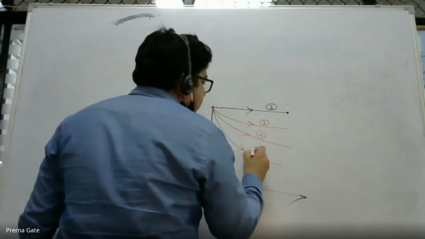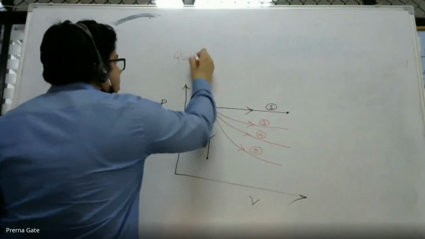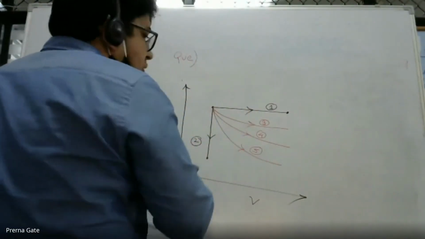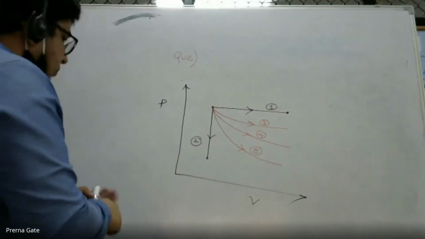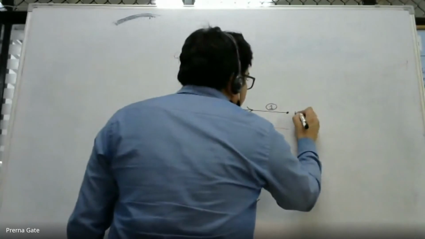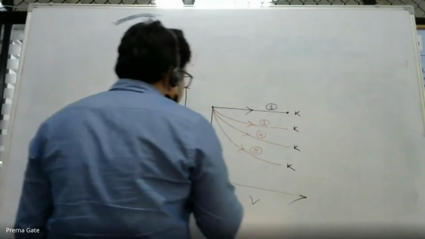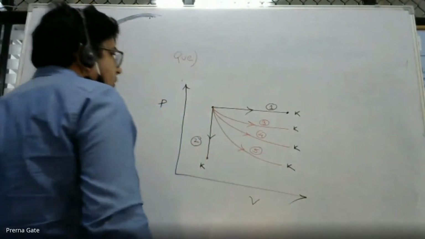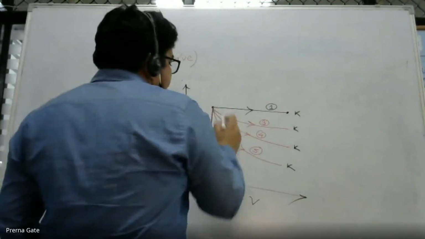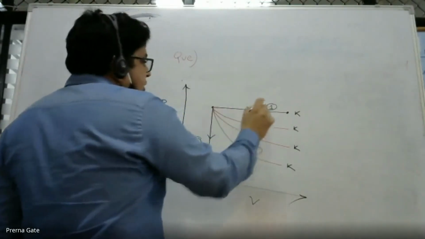So the question is, you have to label what is process number 1, process number 2, process number 3, process number 4, and what is the value of k for process 1, 2, 3, 4, and 5. So 1 is very clear as it is a line parallel to the volume axis. So it is nothing but a constant pressure process.